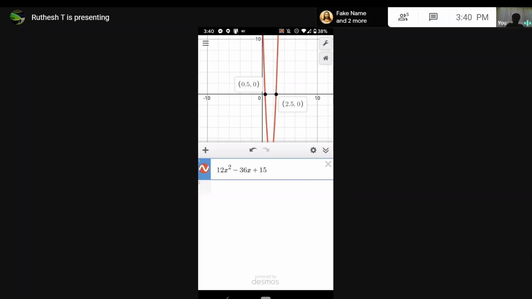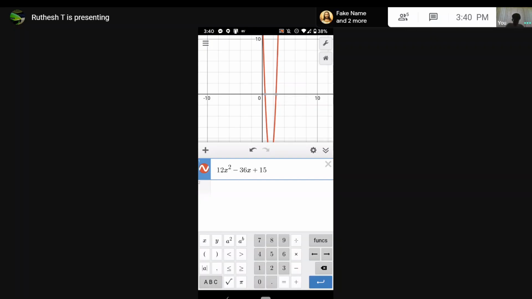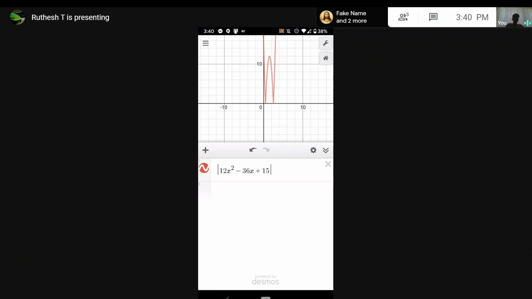And let's look at speed. Velocity is like the speed and the direction.